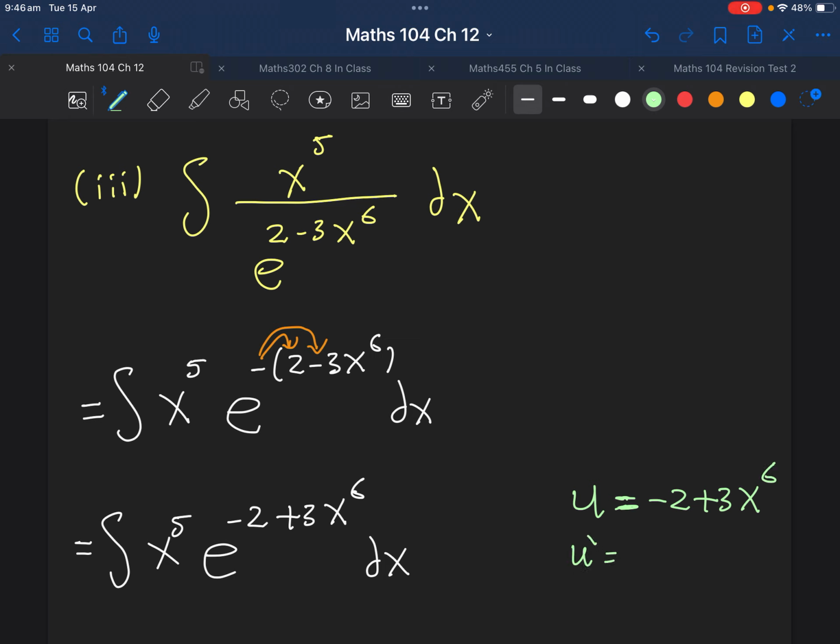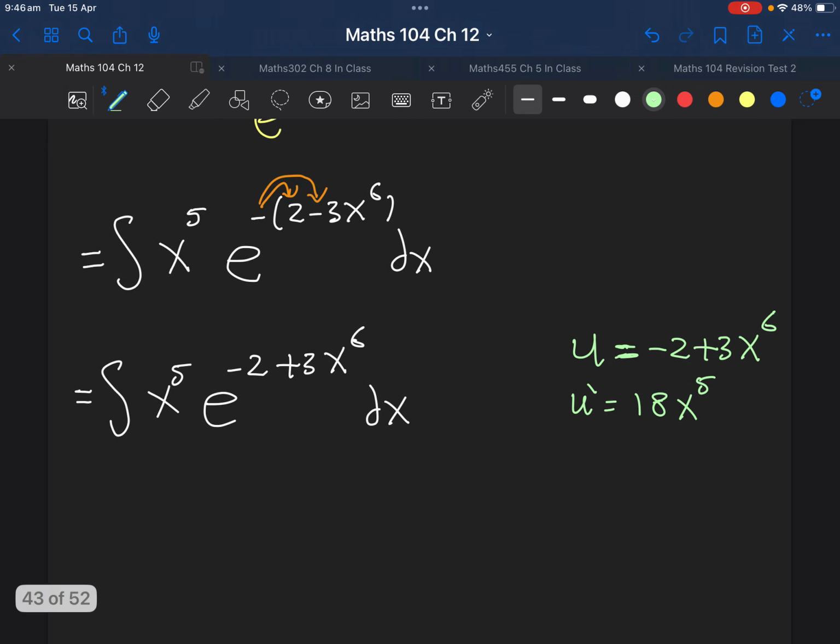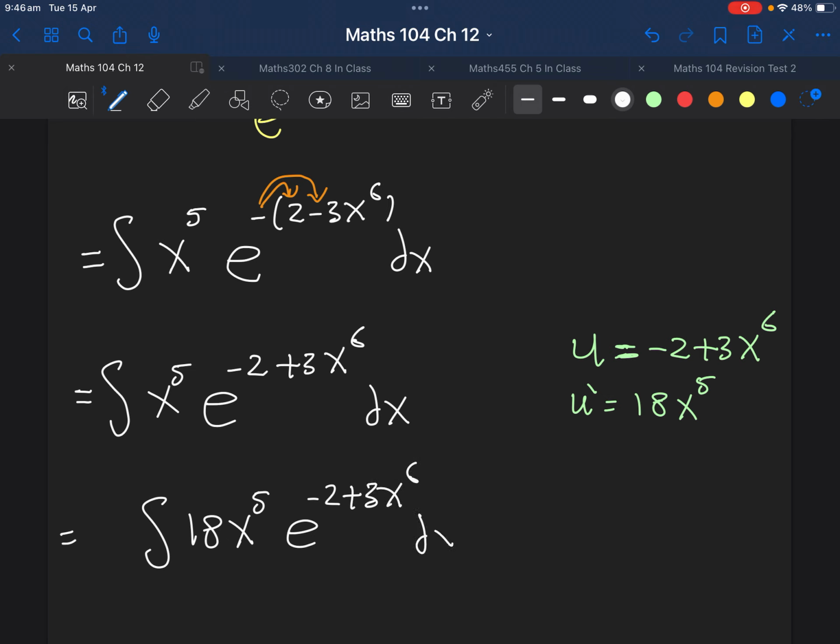What is u prime? That will fix the question for me. It will be 18x power 5. Remember, I'm missing 18, so what I will do, I will add the 18 that I need. So I get a perfect u prime. And then I'll divide by this 18.